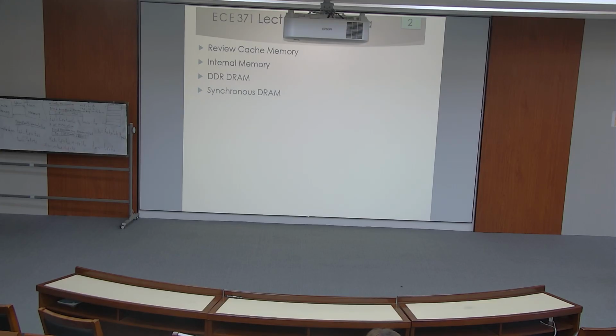The internal memory is based on the location of the memory. Internal memory includes registers, cache memory, and main memory. We call them internal memory based on their location. Where are they situated in the computer system? They are internal memory.